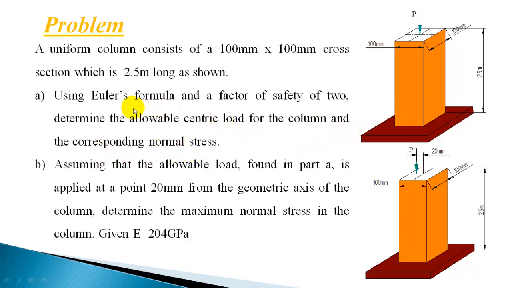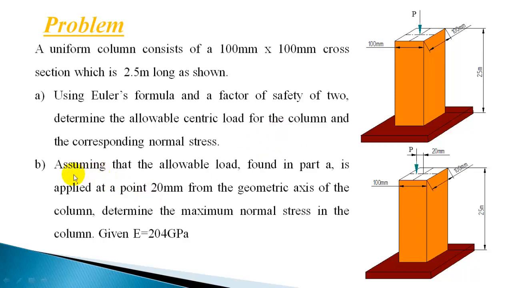So Euler's formula you already studied. You can find out the Euler's buckling load, and using a factor of safety of 2, you can find out the allowable centric load when the load is applied along the centroidal axis. What is the maximum load the column can safely carry by taking a factor of safety of 2, you can find out, as already learned.